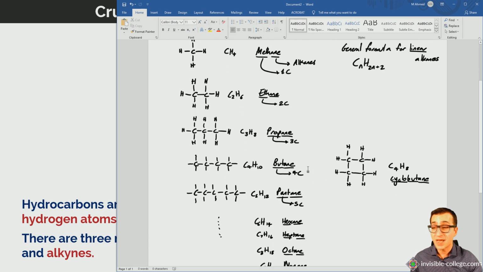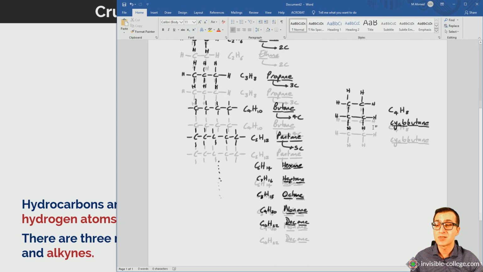And in theory, if you know that system well enough, you should be able to draw the displayed formula of any organic substance once you know its name. And conversely, if you see the displayed formula of an organic substance, you should be able to write down its name by making use of that same system.